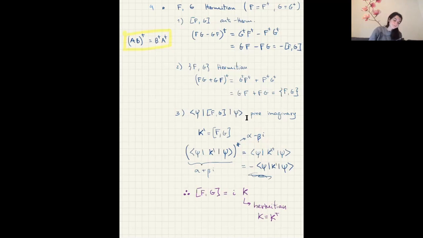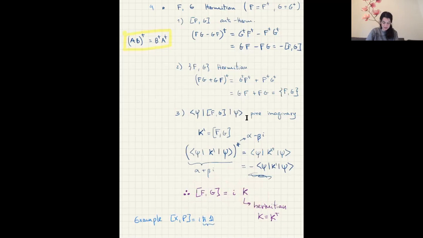Okay, good. So if you have two observables, and observables are always Hermitian, then the commutator of them is always an observable times some i. For example, we know that X and P is i h bar identity, right?